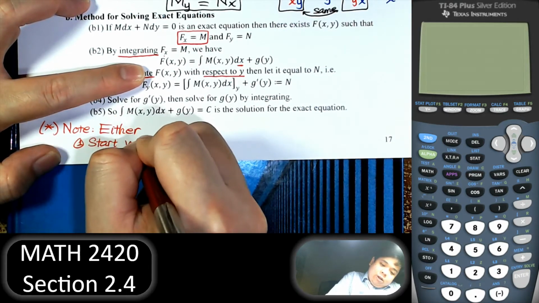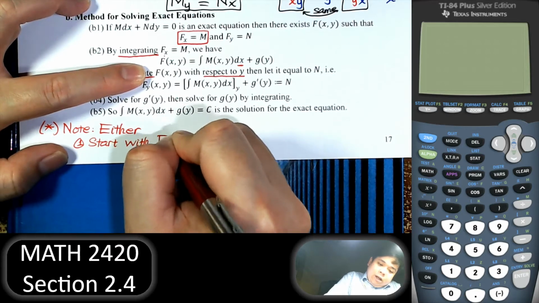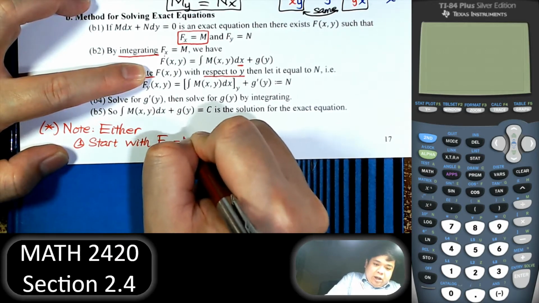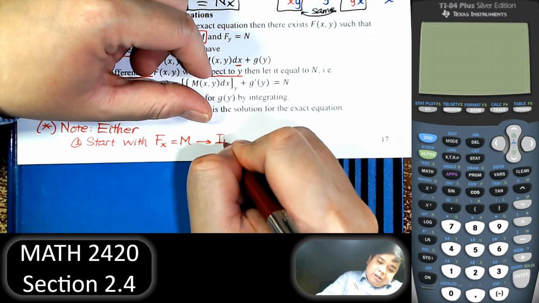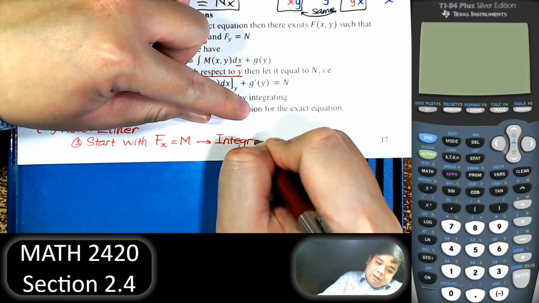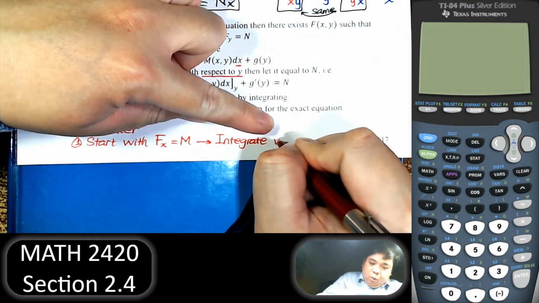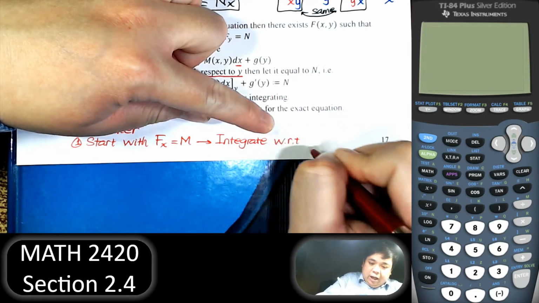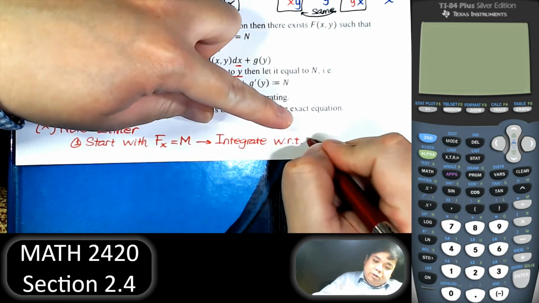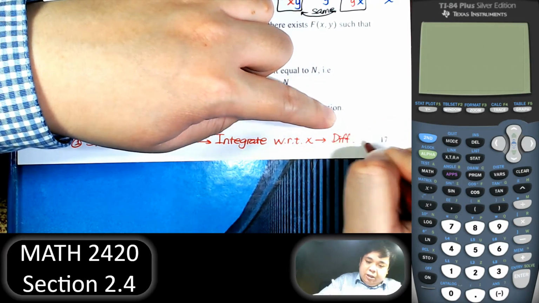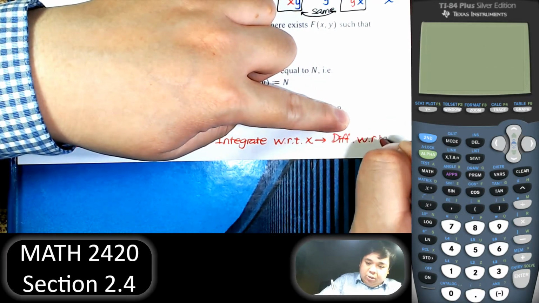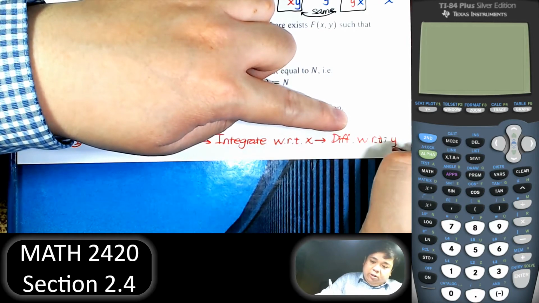Start with f_x equal to M. We integrate with respect to that variable and then differentiate with respect to the other variable.